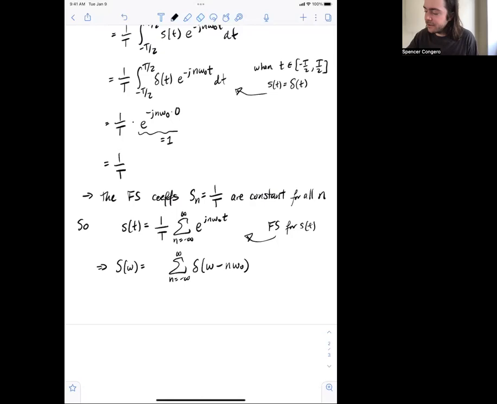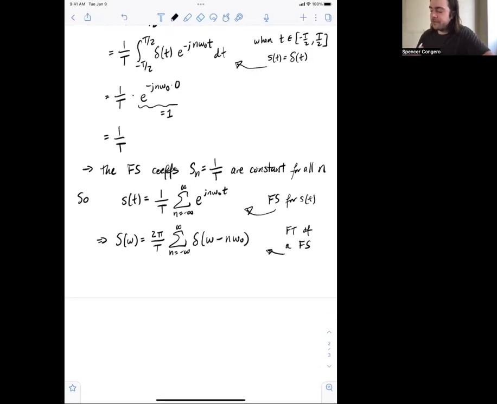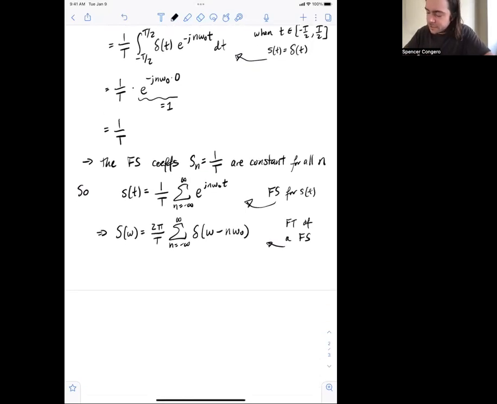Well, as we saw in a previous video, the Fourier transform of a Fourier series video, the things multiplying the delta functions are not quite just these coefficients, they're actually those coefficients times 2 pi. You can review that video if you don't remember that. And now I'll just make one little substitution because we know 2 pi over T is actually the fundamental frequency. So we really just get the fundamental frequency times this big sum of shifted deltas.